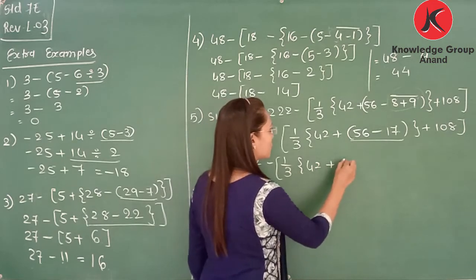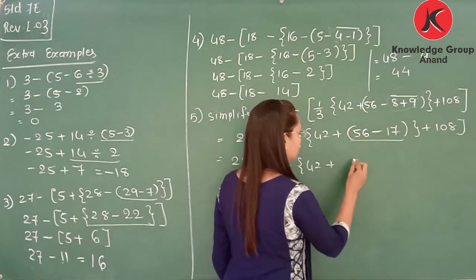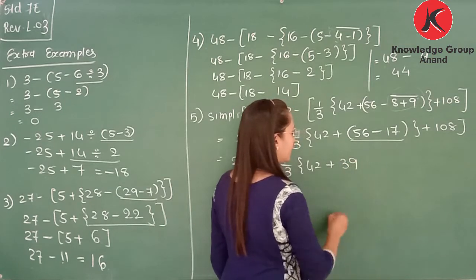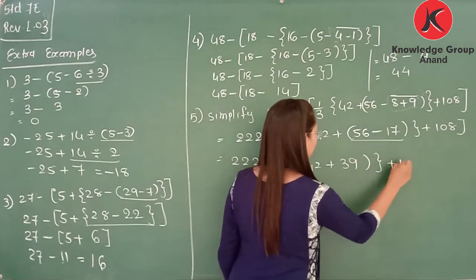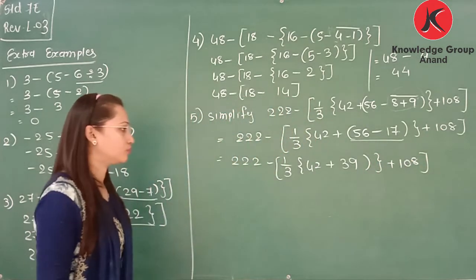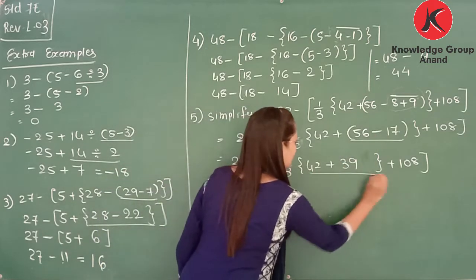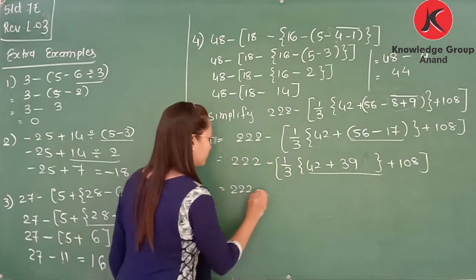So that is 39. 56 minus 17 is 39. Now, again, simplify the inside of the bracket.